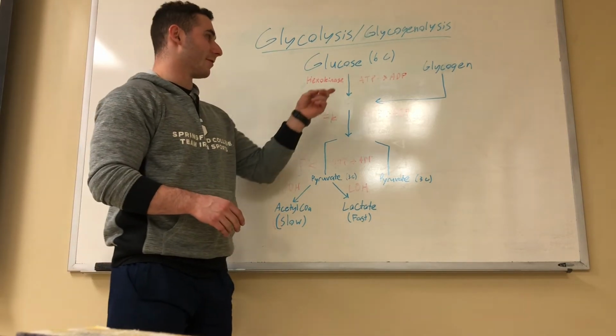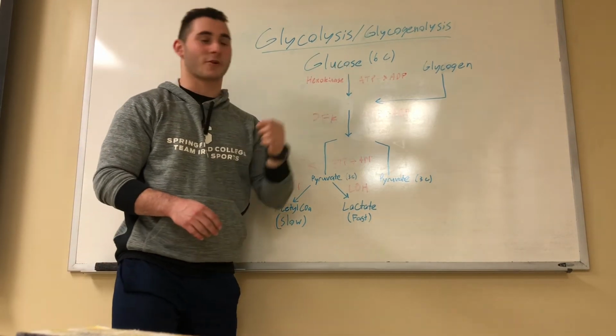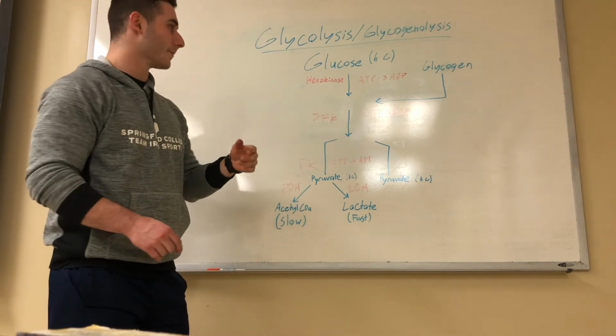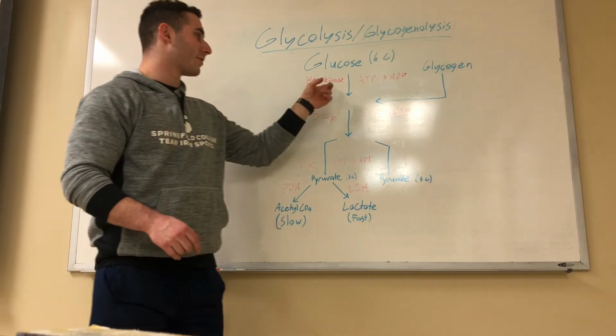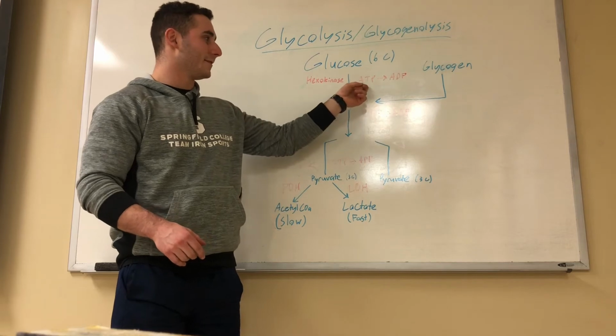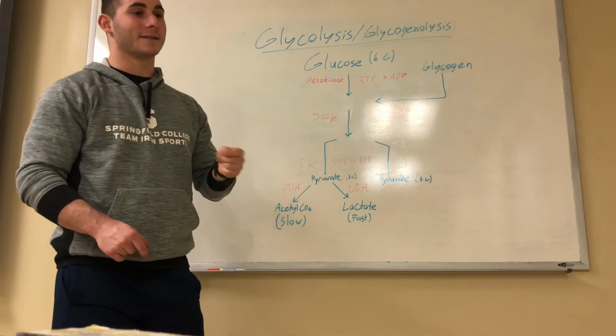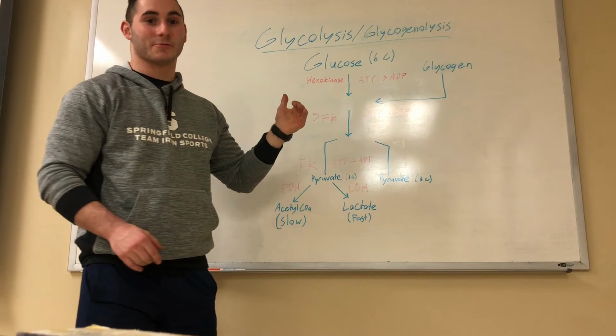Starting out in glycolysis, you have glucose, which is a 6-carbon molecule. That will come into play later. And then at first, you're going to have this hexokinase reaction, ATP to ADP, so we need to use energy to actually get the step to occur.